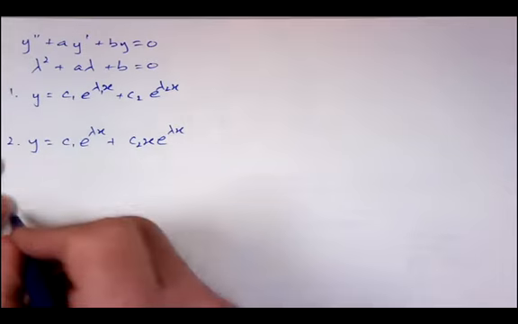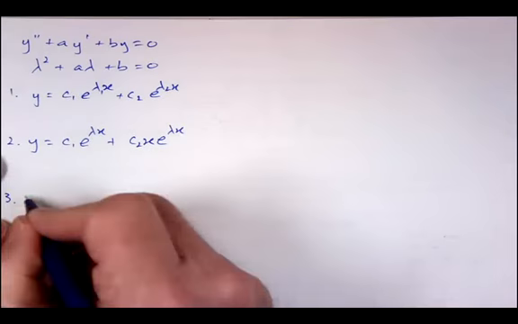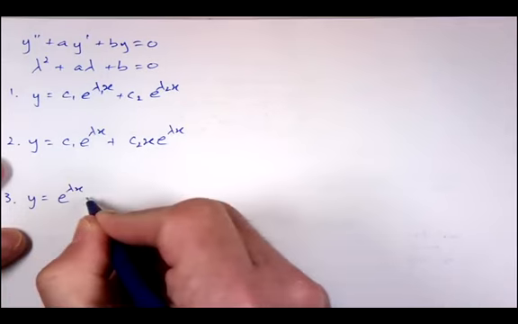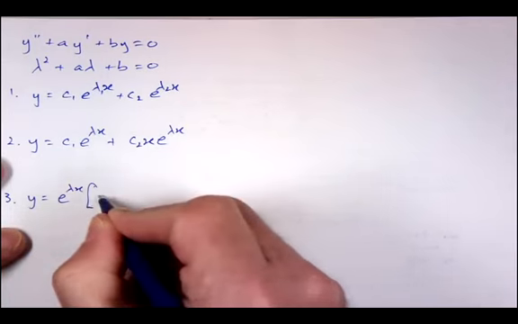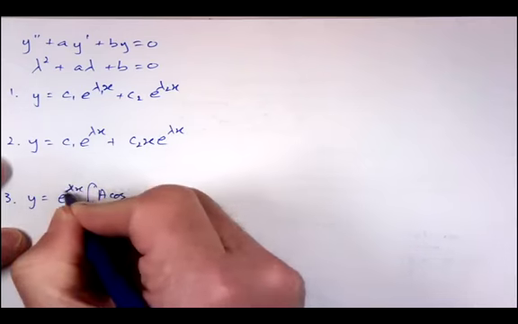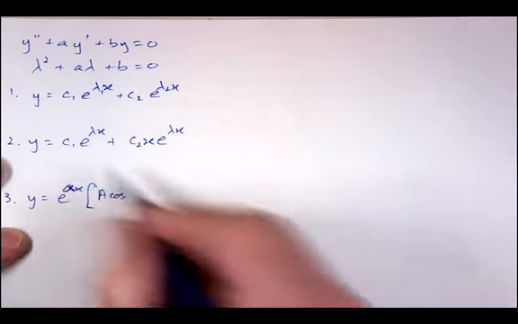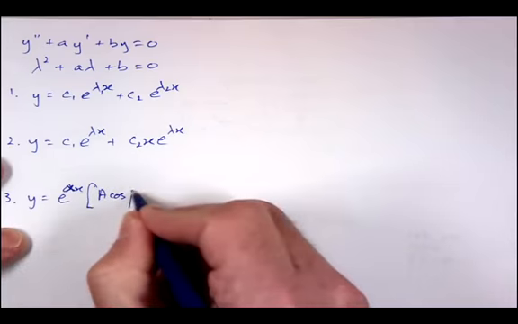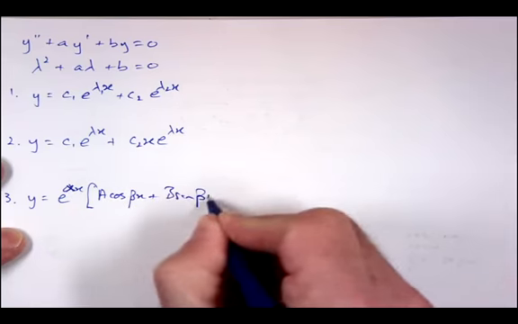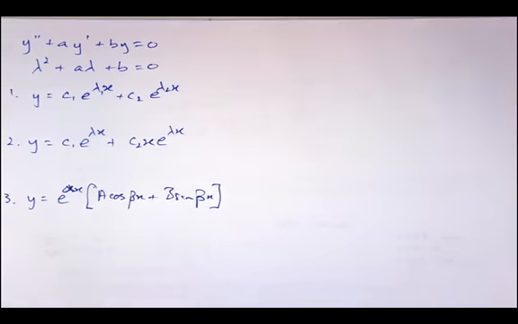And in case 3, I end up with e to the alpha x outside, that is, this is for lambda equals alpha plus or minus i beta, a cos beta x plus b sine beta x. All right? So that's the constant coefficient case that we've seen, the lambda method.